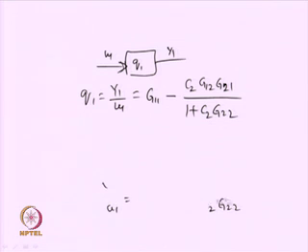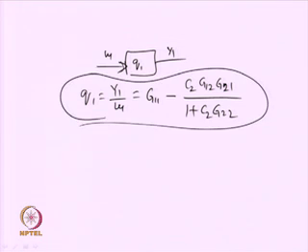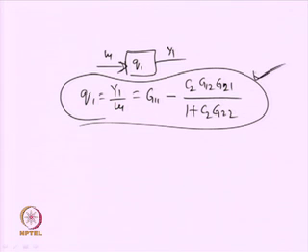Why are we doing all this analysis? Please look carefully at the expression for Q1. For the subsystem we have developed, we have converted the 2 input 2 output system into a system which has got 2 SISO transfer function models now. Okay. And all the loop interactions are taken care of, all those are present here.